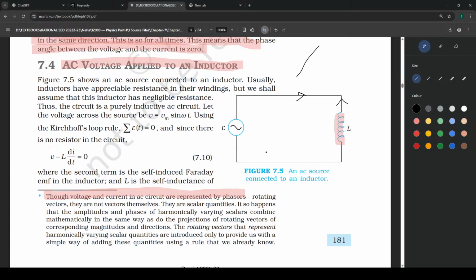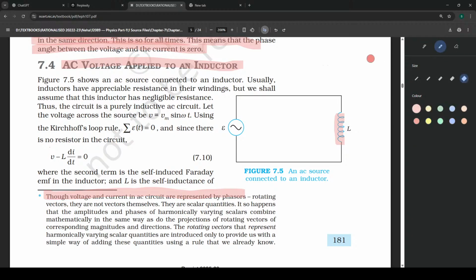According to Faraday's law, the change in magnetic flux produces an EMF in the opposite direction, where EMF is equal to minus d phi by dt. This minus indicates the direction which is opposite to the flowing current. Okay, that's that. Now that's what an inductor is, and it is represented by L, that's the inductance.